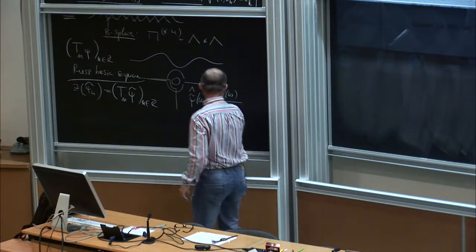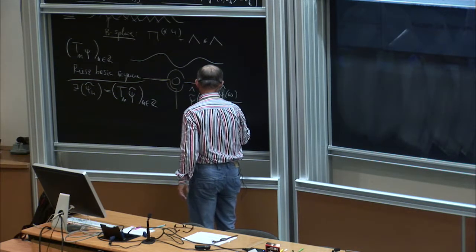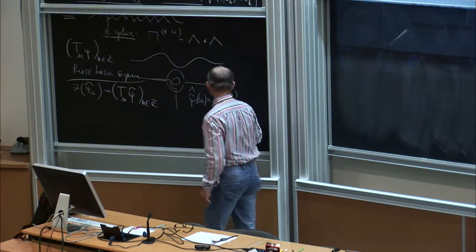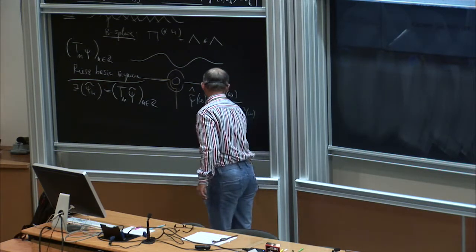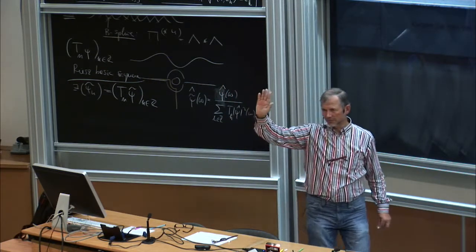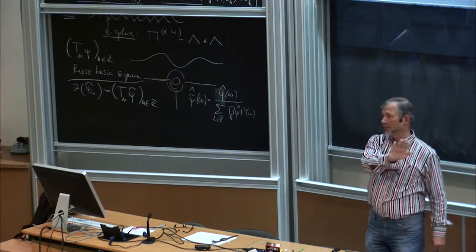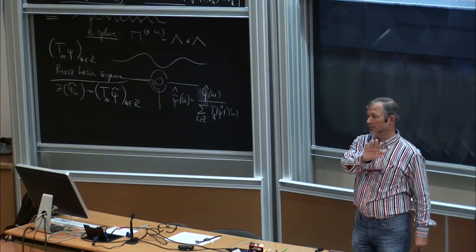And then you have to divide it by a periodized version. So I write the sum over k in the integers of the absolute value squared of psi hat of omega plus k. So you take this function psi hat squared, you shift it around, make it periodic, and you get the periodic function.